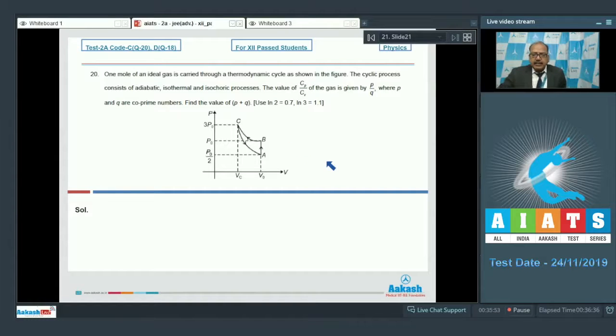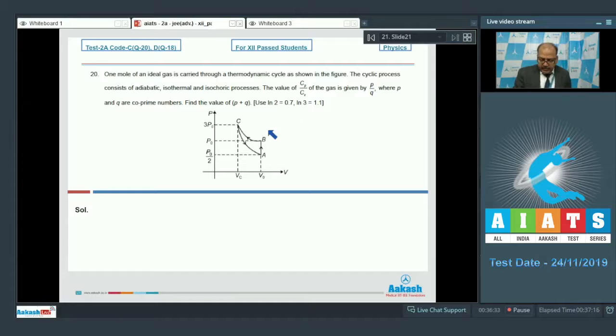For the simple reason that the PV graph for adiabatic process will be steeper than the PV graph for an isothermal process. Okay. So based on this, let's go ahead. Well, so this is an isothermal process.